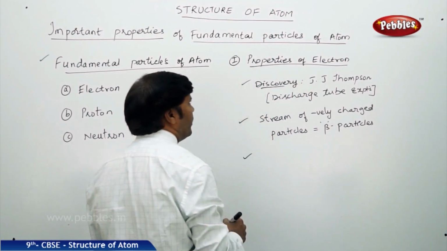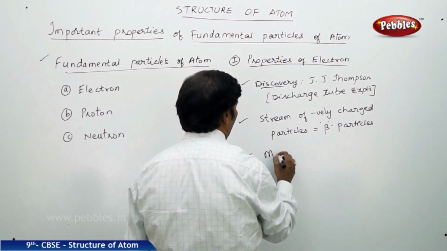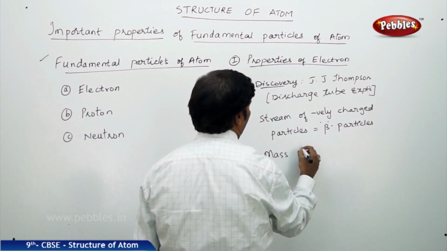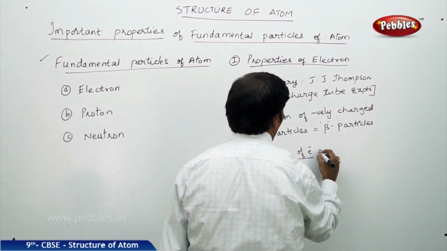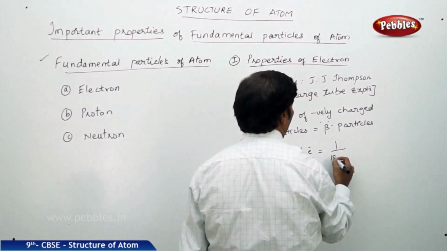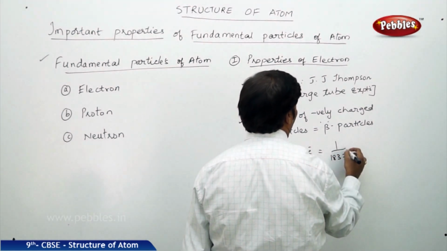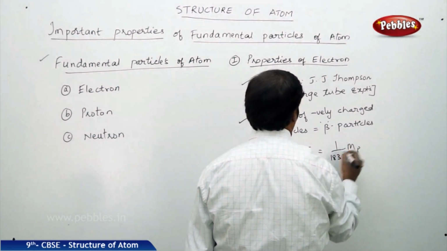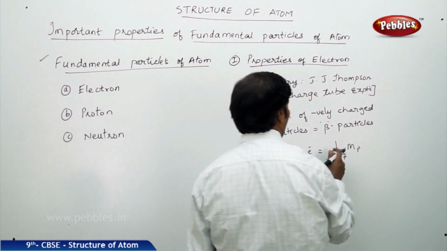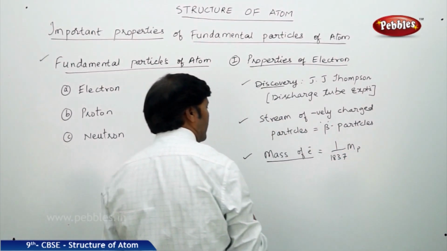If you take the mass of electron, its mass is equal to 1 by 1837 times that of the mass of proton.